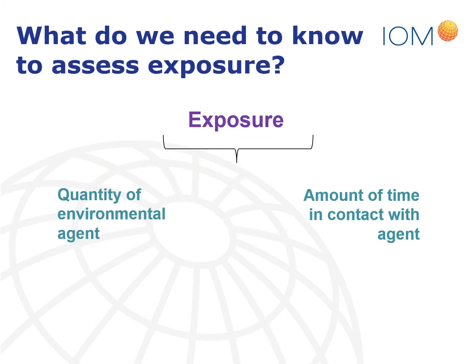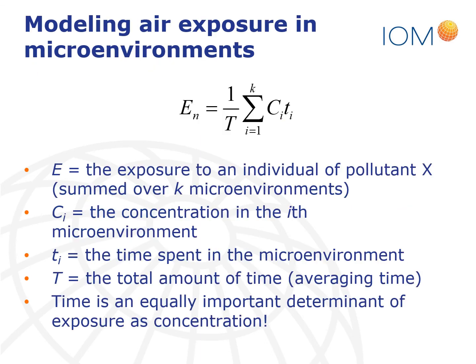So now that we know that we need to know the concentration or amount of an agent in the environment and the amount of contact a person has with the agent to assess exposure, let's look at how we can use these two factors to calculate exposure. We will start with air pollution exposure. This refers to the concentration of an air pollutant that a person comes into contact with and could potentially breathe in. You need to know the concentration of the air pollutant of interest in each microenvironment.